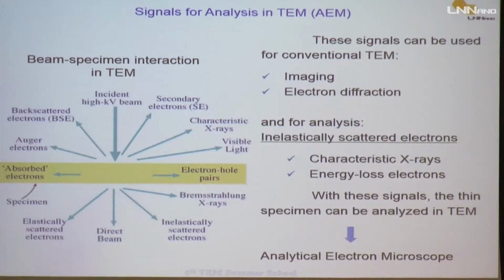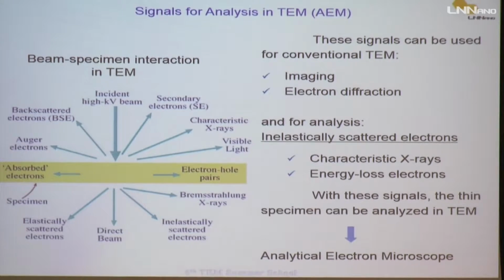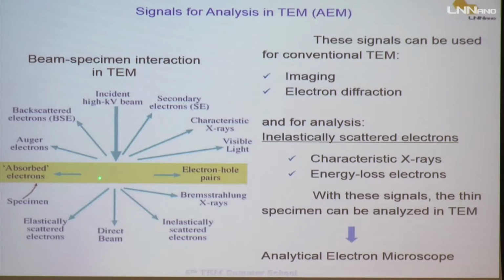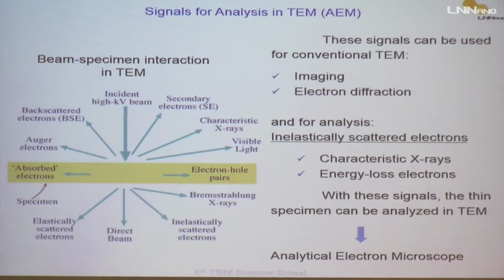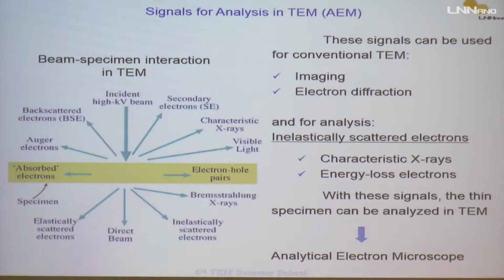electrons, okay? These are the commercially available instruments that you can get for analysis, okay? And with these signals, we can do analysis of the materials in the TEM, and then we will get an analytical electron microscope.